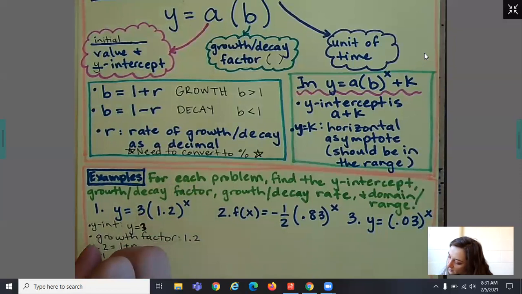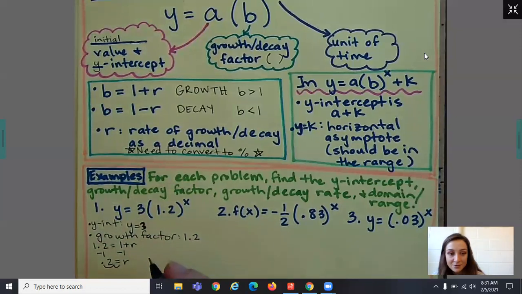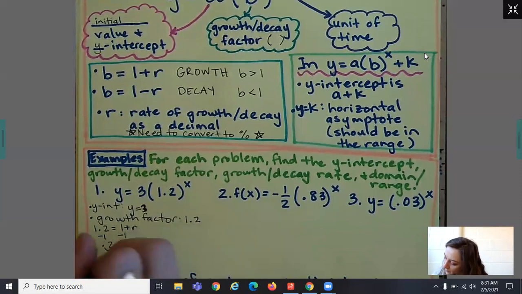We're going to get 0.2 equals r. But like we sort of talked about earlier, this is as a decimal. So we are going to need to convert it to a percentage by moving the decimal to the right 2. So moving it to the right 2, we're going to get 20%. So that is going to be our growth rate.